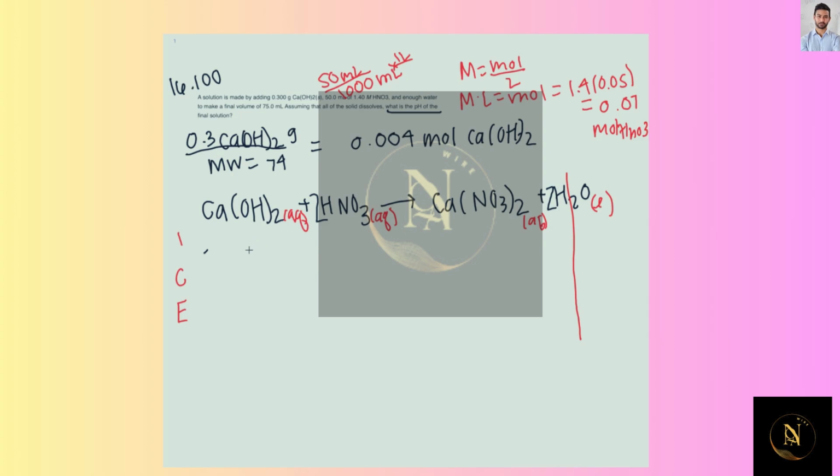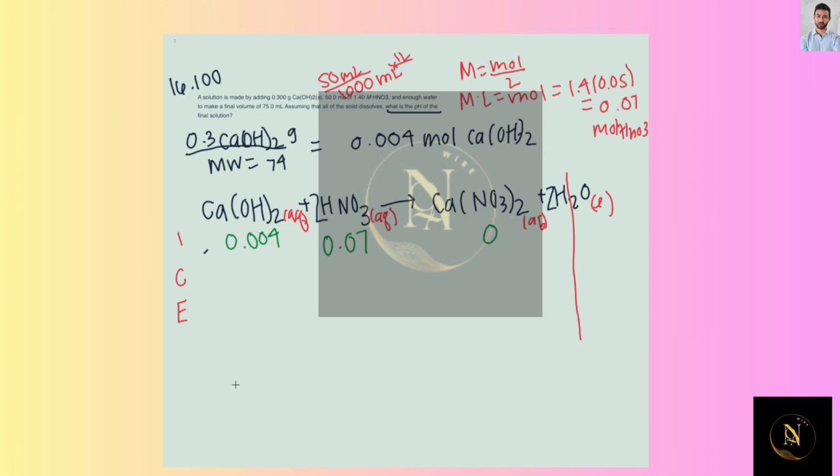So we start with initial moles of 0.004 for our Ca(OH)2, and our moles of HNO3 are going to be 0.07. And then we start off with 0 of our product.